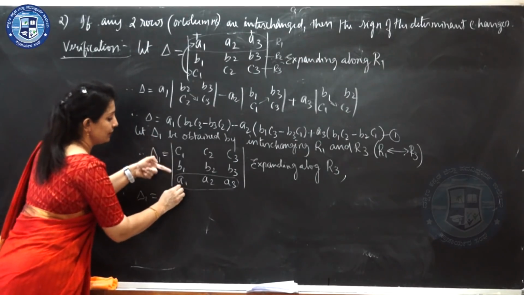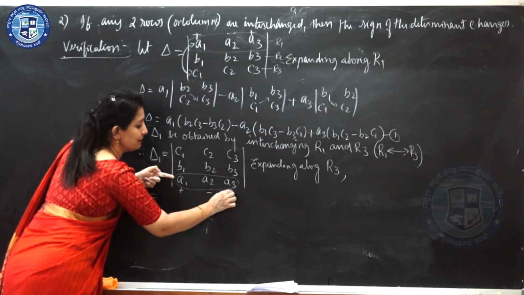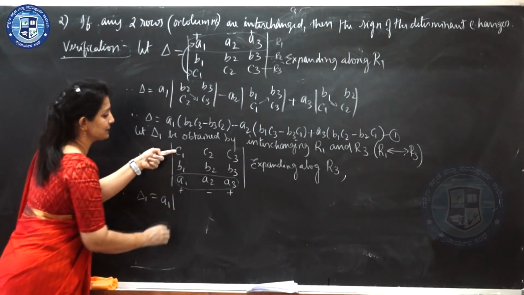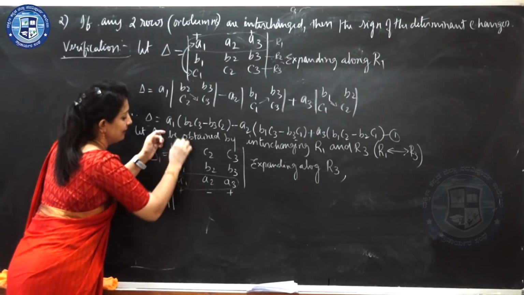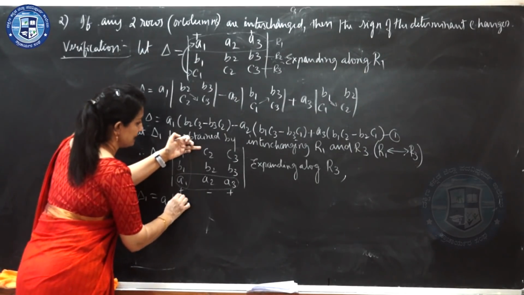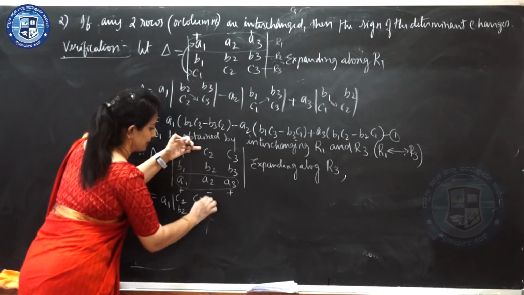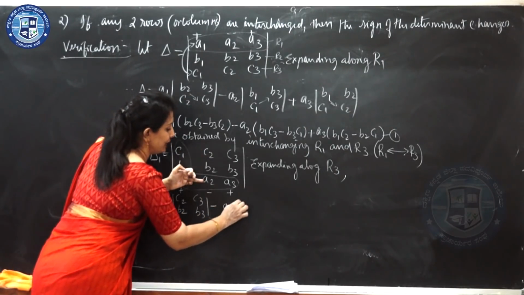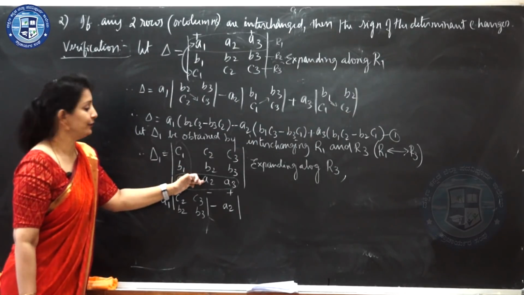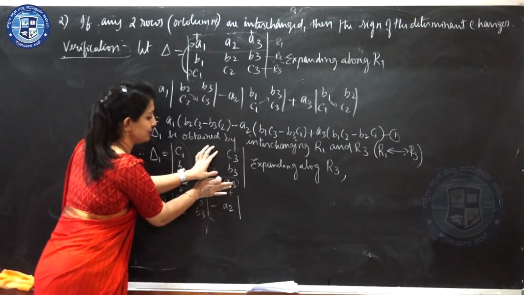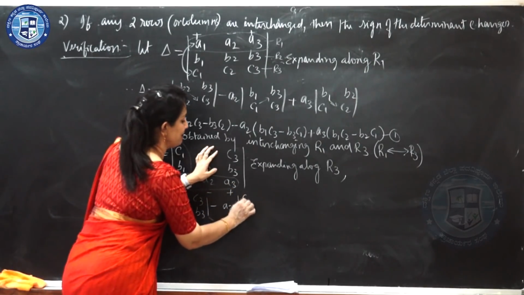Okay. So it is plus, minus, plus. So plus A1 into, expand, delete the row and column where A1 is. Remaining elements are C2, C3, B2, B3. Minus A2 into, second column and third row when you delete, what are the elements remaining?